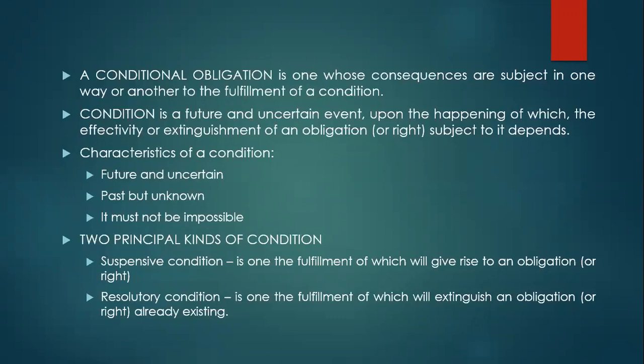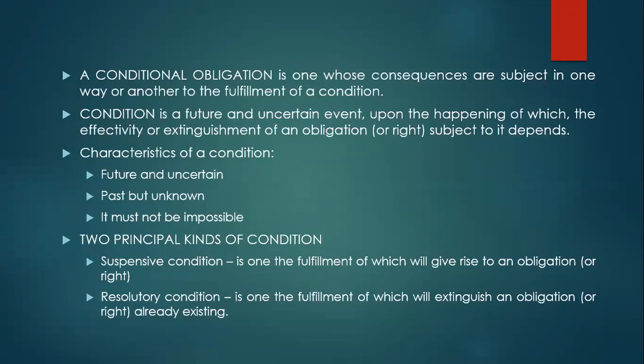Second, it may be a past event, but it must be unknown to the parties. A condition may refer to a past event unknown to the parties. If it refers to a future event, both its very occurrence and the time of such occurrence must be uncertain. Otherwise, it is not a condition.